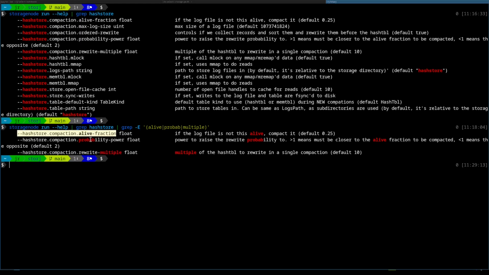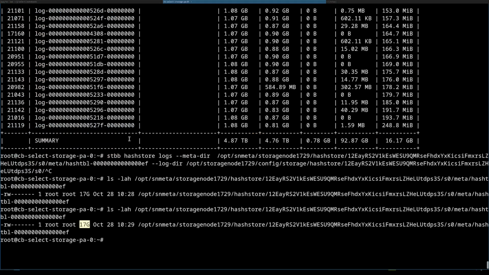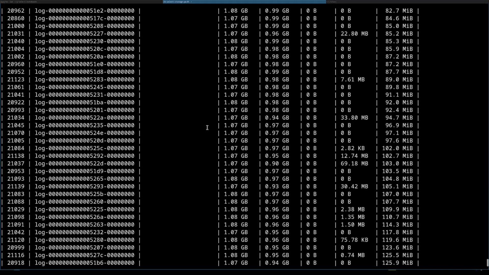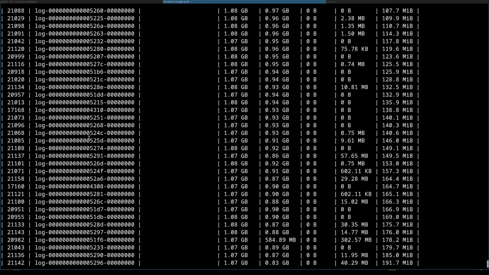The next one, the fraction and the probability power. And this is way more tricky. Because here we can just calculate: what is the percentage of the useful data in one log file? So this is the useful data, this is the size, so it's kind of 90%.